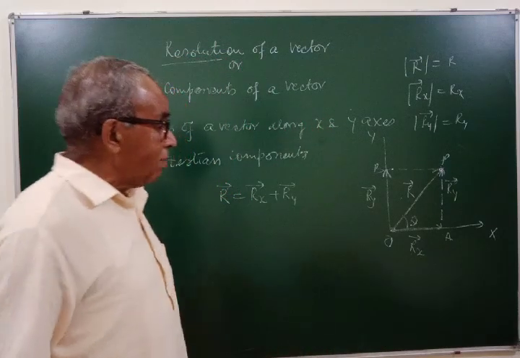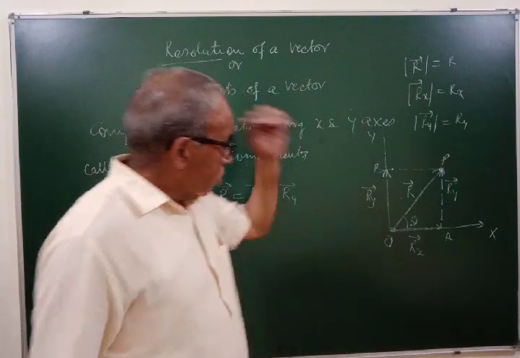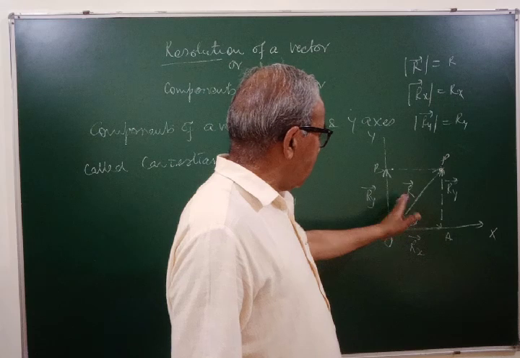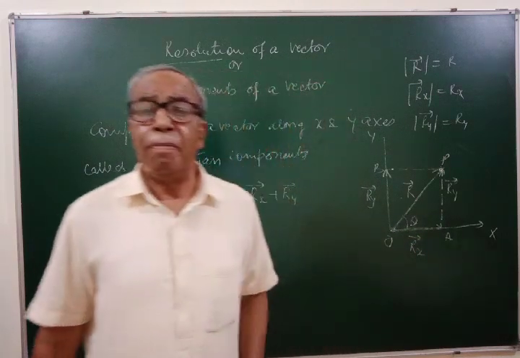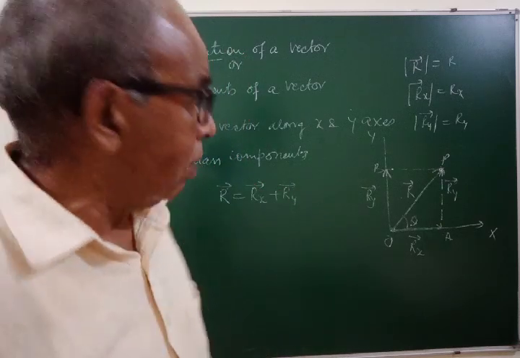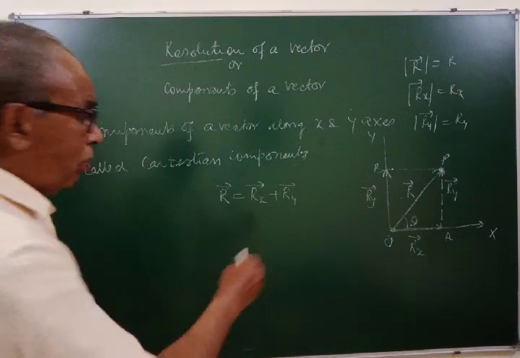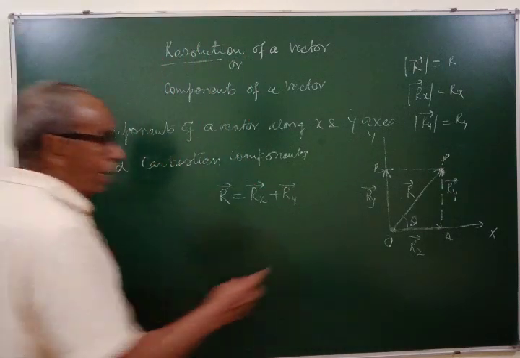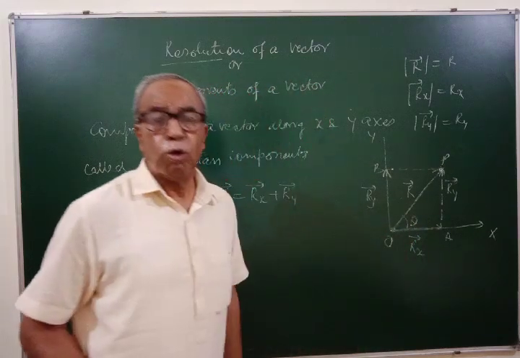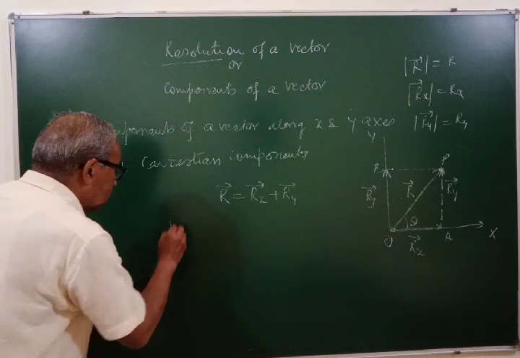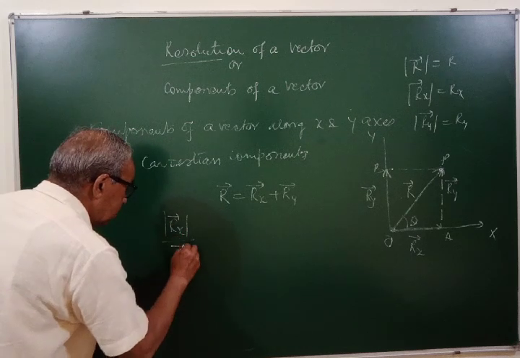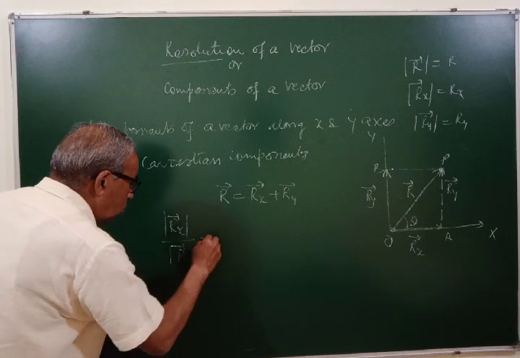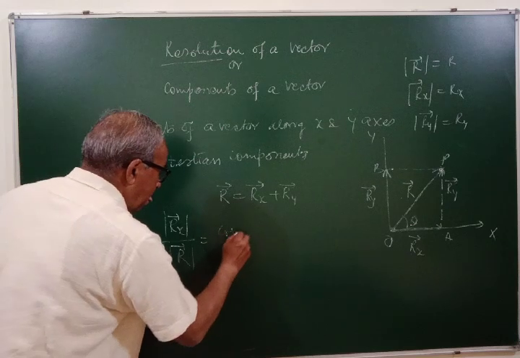The use of trigonometry will help you here to establish the relation between Rx, Ry and R, and the relation between the magnitudes of vector R and Rx, Ry. From the figure, base upon hypotenuse is cos theta. So modulus Rx upon modulus R is equal to cos theta.